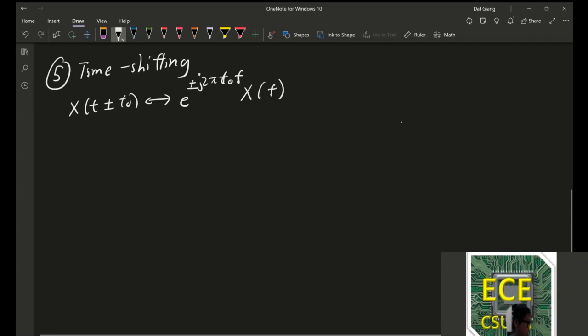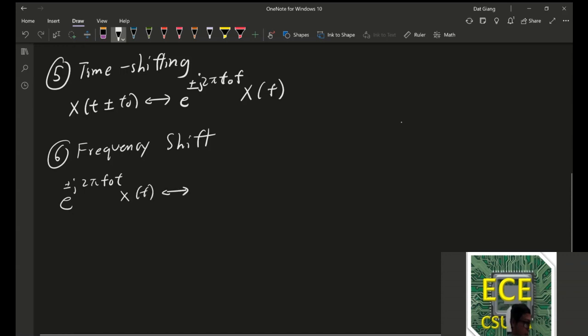Okay, so now we have frequency shifting. This is where we have some kind of e to the plus or minus j 2 pi f0 t acting on x of t, and this transforms into X of f minus or plus f0.